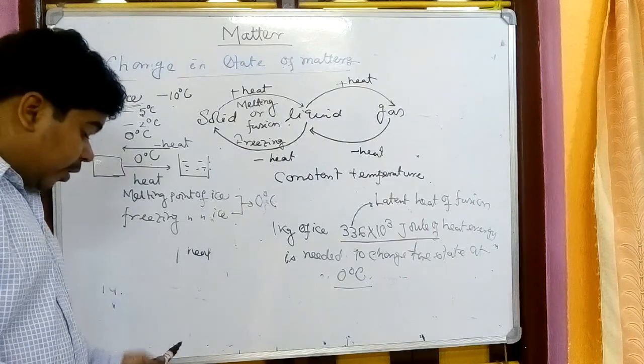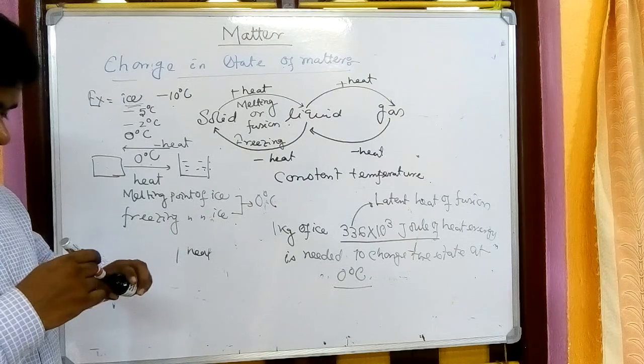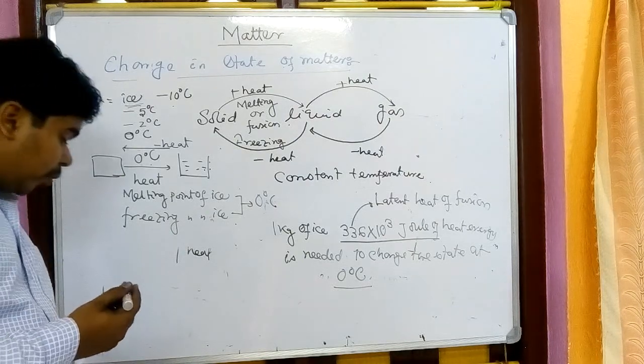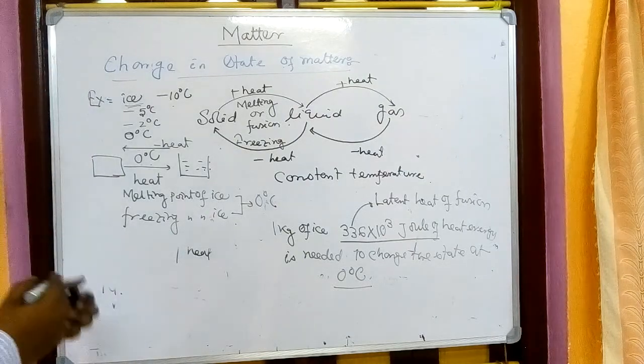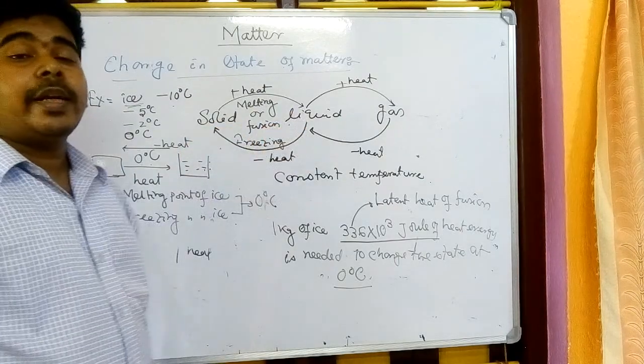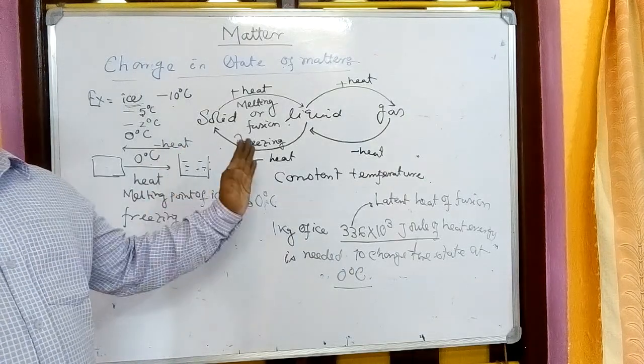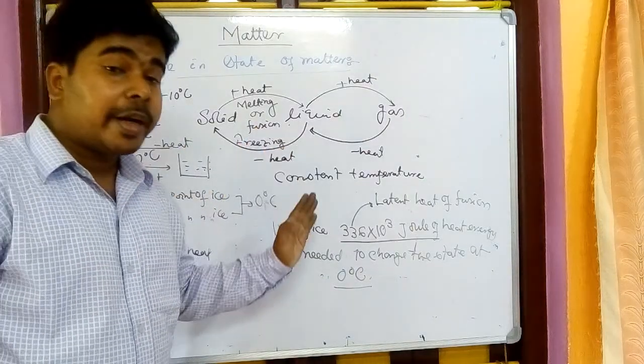Just make a single line and try to understand. Number one, the process when solid is converted into liquid at a constant temperature is known as melting. The constant temperature is known as the melting point.